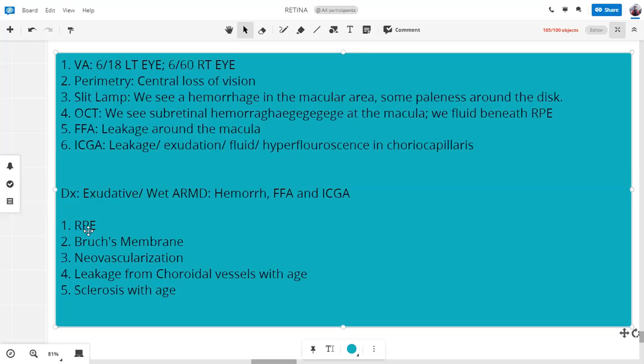But if there is no underlying disease or pathology, if it is only related to age, and we can see the characteristic signs and symptoms, characteristic signs on slit lamp examination, and on FFA, on ICG, we find things on investigations which confirm this pathophysiology, then this is age-related macular degeneration.